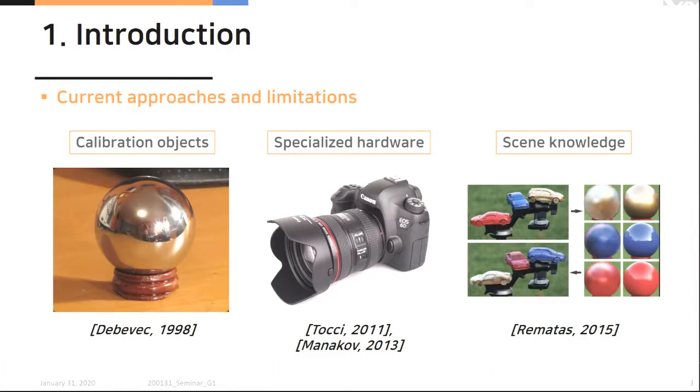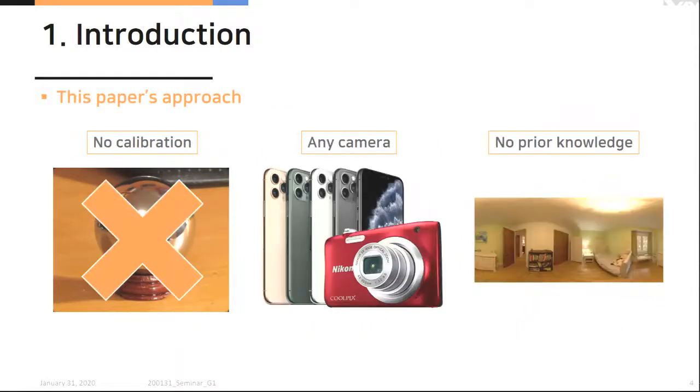It's really hard work. And scene knowledge, where you have to reconstruct the scene geometry to get geometry information. But in this paper, they try not to use all this stuff. They're going to make it simple using deep learning.